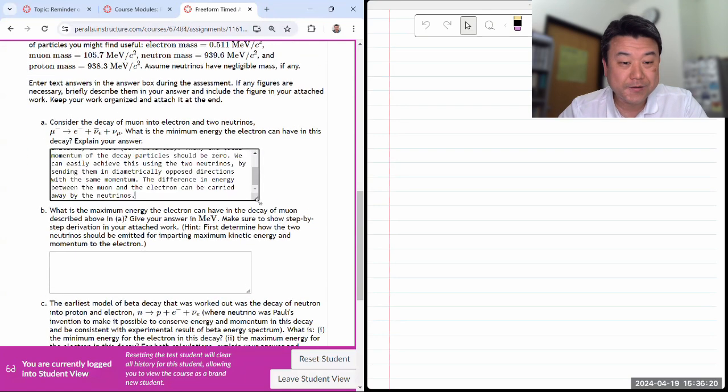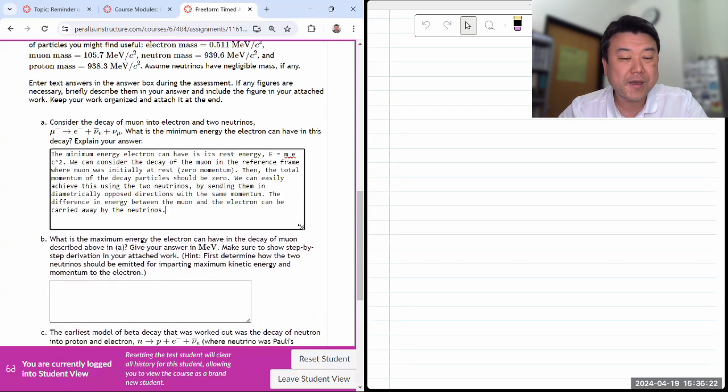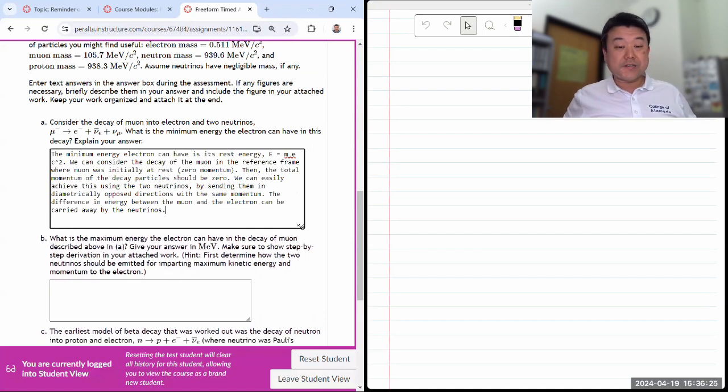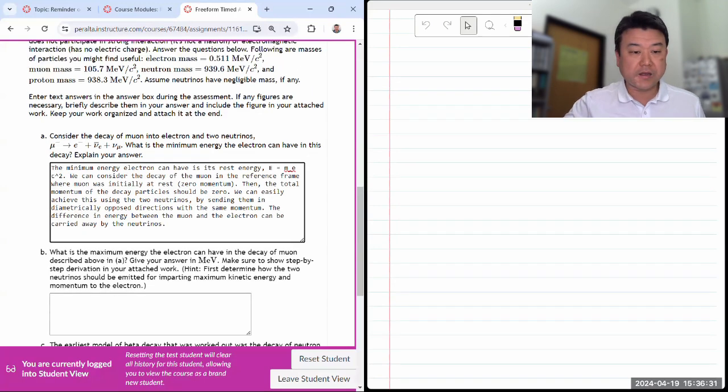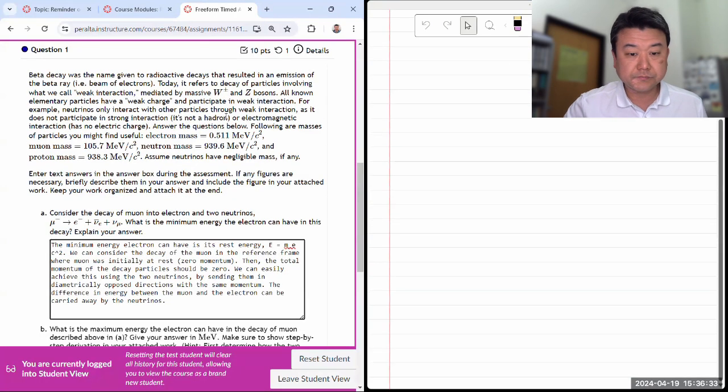What is the maximum energy? Okay, that's harder. Now we have to consider conservation of energy and momentum. So let's do that calculation.